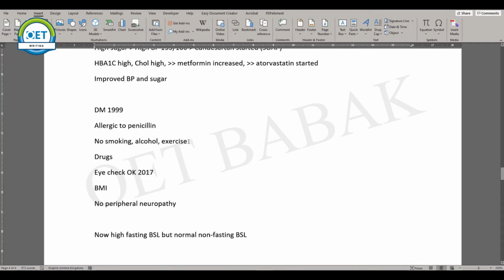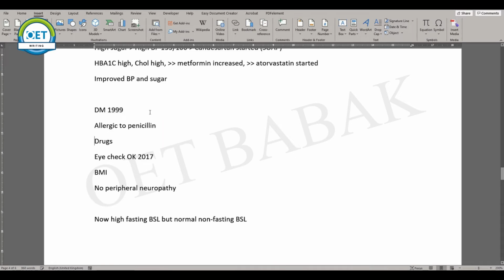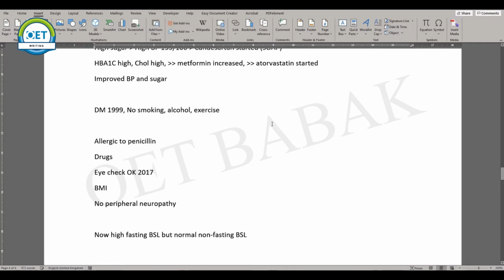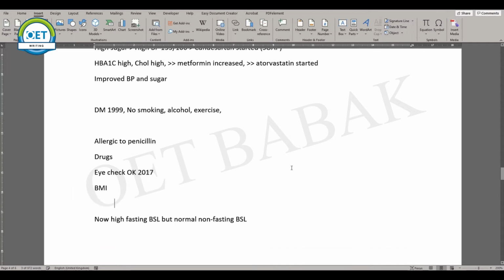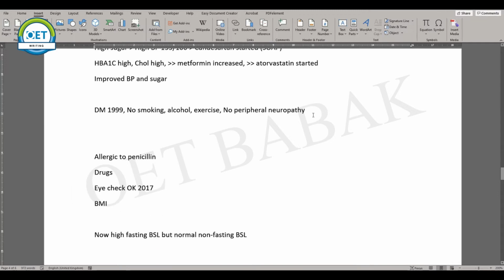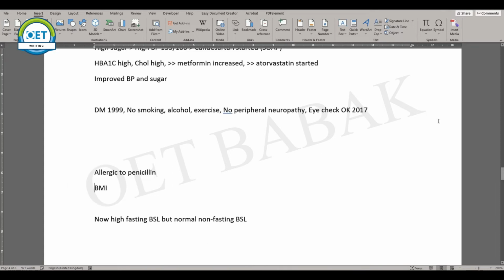I think no smoking, no alcohol, no exercise, and then no peripheral neuropathy, then eye check, and then drugs, and after that allergies, and BMI.